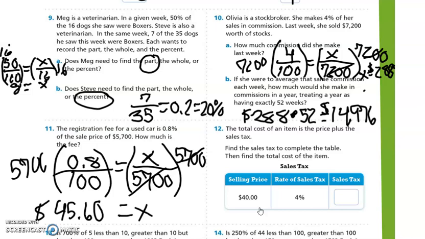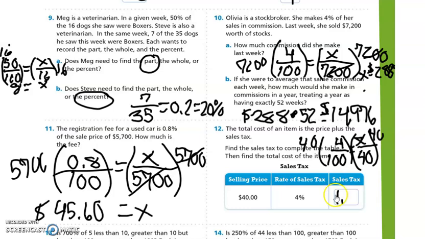So the first thing we need to do is find 4% of that. And we could set up a proportion, just like we've been doing before. 4 out of 100 is 4. And we're going to put our 40 down here. To solve for our missing value, multiply both sides by 40. And then use our calculator.